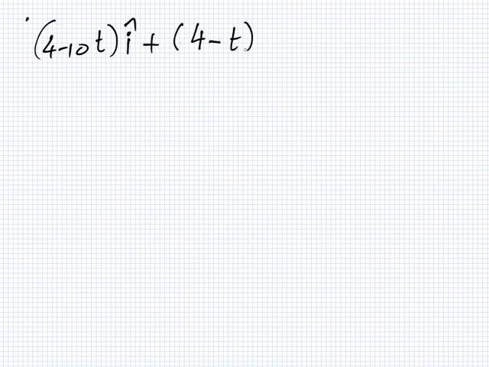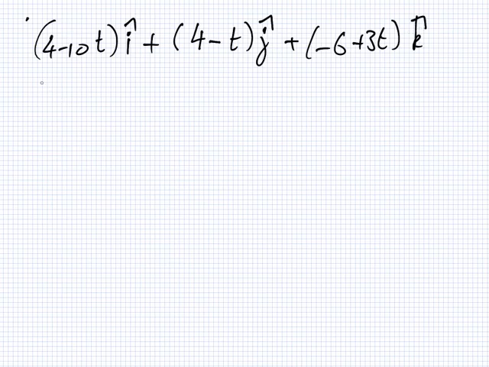2 lines or 3 lines? 2 lines. So the first line will be 4 minus 10t i plus 4 minus t j plus minus 6 plus 3t k.